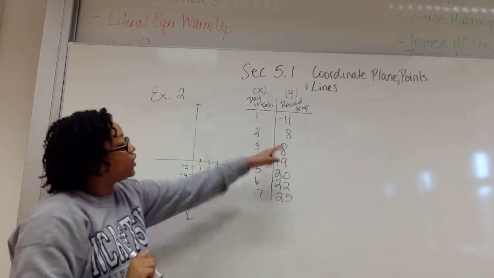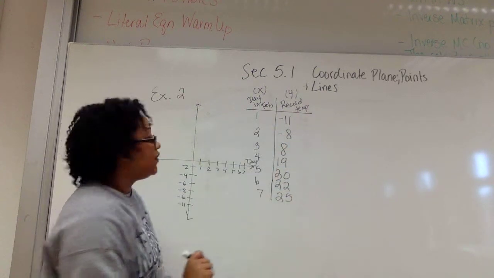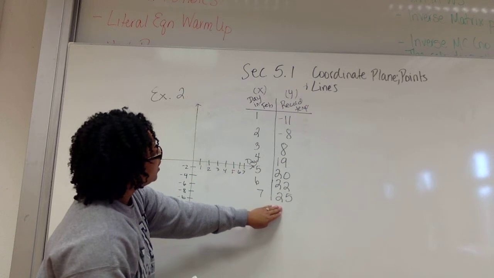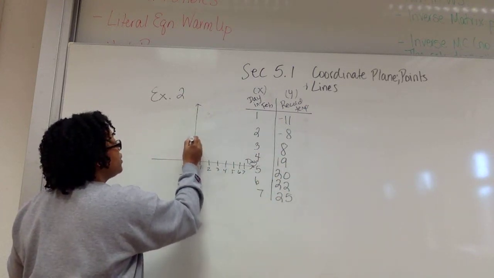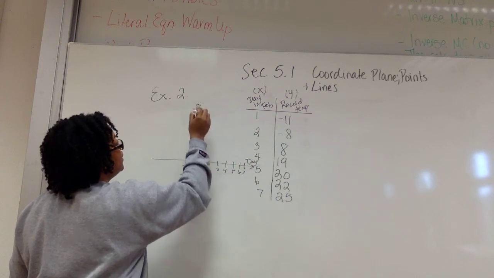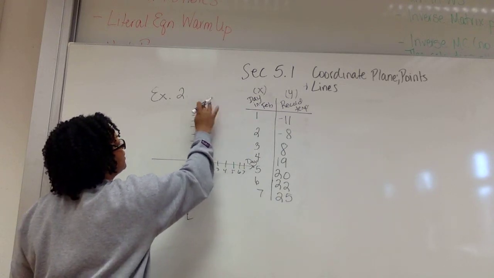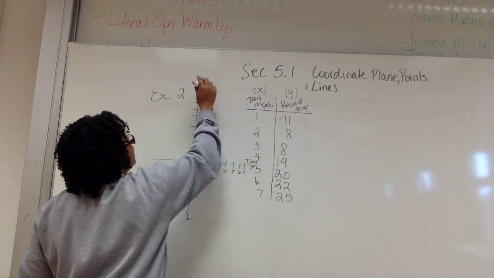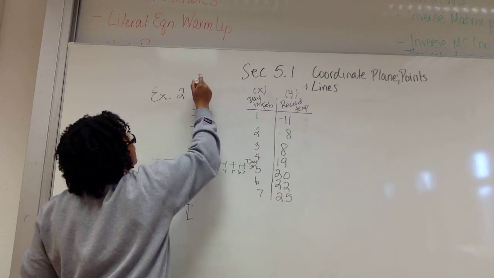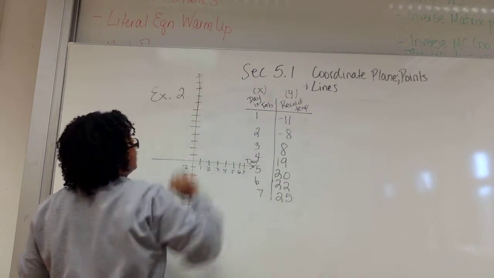Okay? So then that'll cover my 2 negatives here. And then for our positive temperatures, 2, 4, 6, 8, 10, 12, 14, 16, 18, 20, 22, 24, 26.